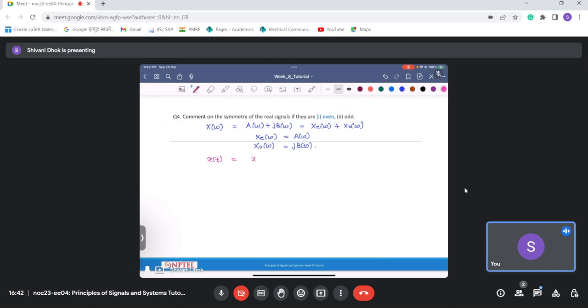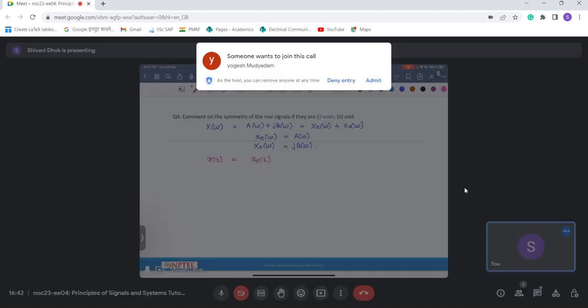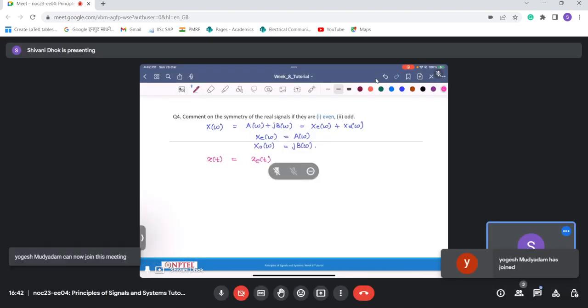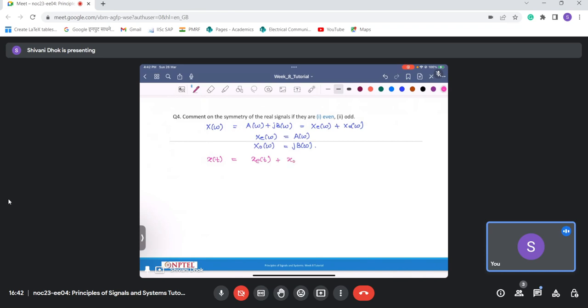One is its even part, that is xe of t, plus x odd of t, and this capital Xe is the Fourier transform of this signal, and x odd of t has a similar relation with its Fourier transform, capital X odd.